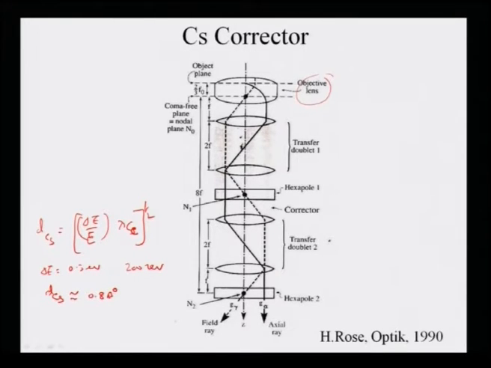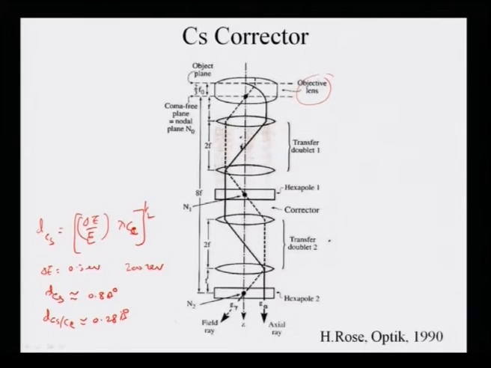In fact, if Cc is corrected, or the chromatic aberration is corrected, which is going on now in the TEAM project in the US, it is possible to reach 0.28 angstrom, when both Cs and Cc are corrected.